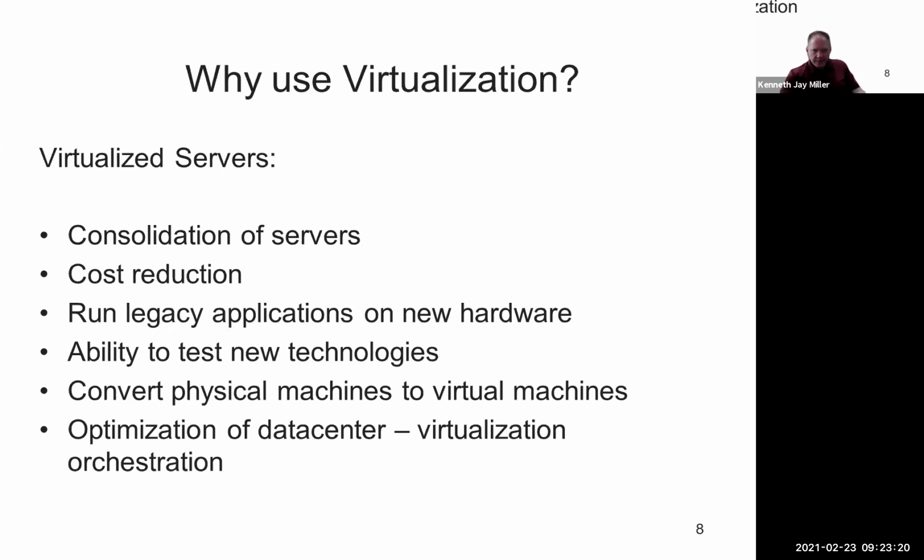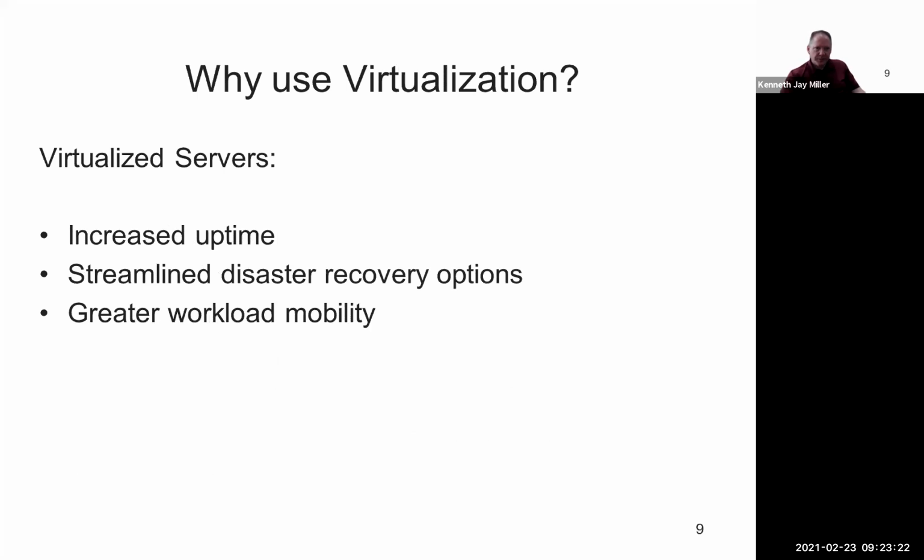Okay, so what else? The other thing it's going to do is increase our uptime. Our disaster recovery is going to be better, right? We can really streamline how we go from disaster to recovery. Very, very easy. And then it allows us greater workload mobility.